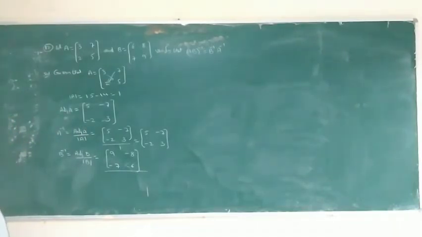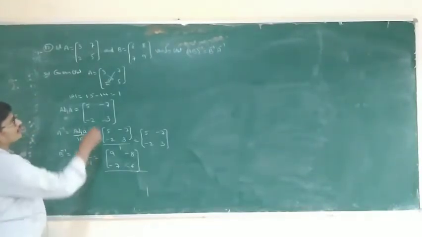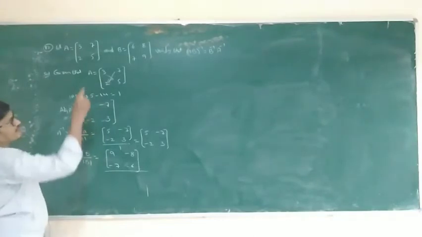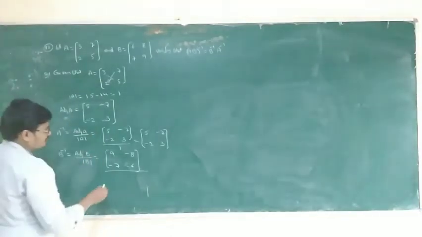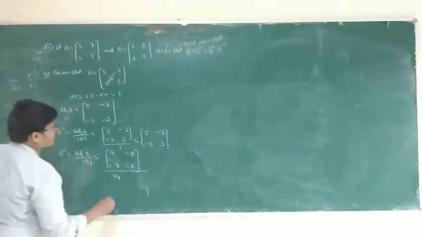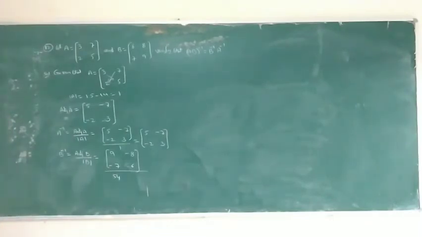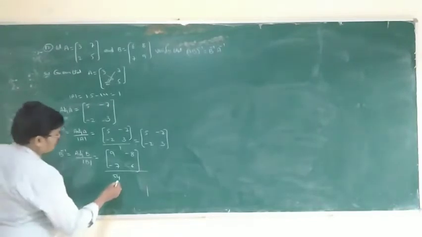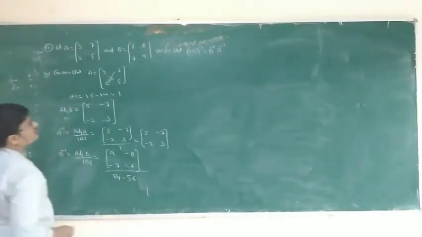Det B by cross multiplication: 9 into 6 is 54, minus 8 into 7 is 56.